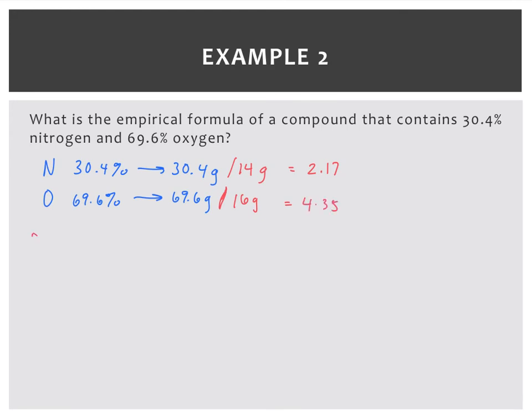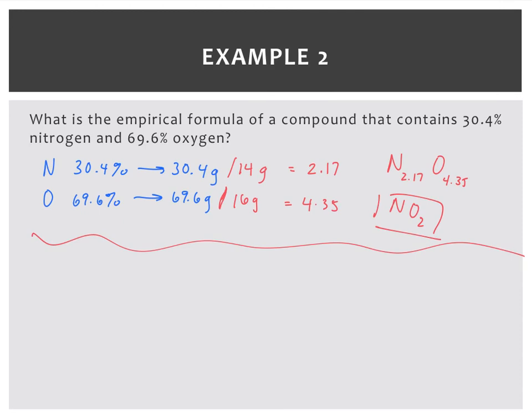Alright, now there are 2 ways you could go about this. So we could go this way, 2.17 and 4.35. Looking at these numbers, you could approximate that we should get this answer, which is indeed correct.